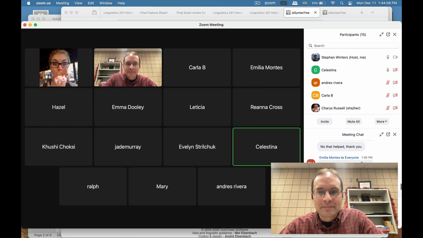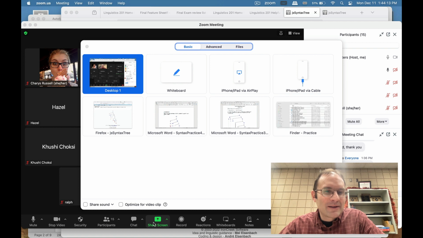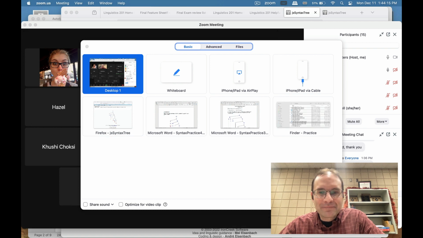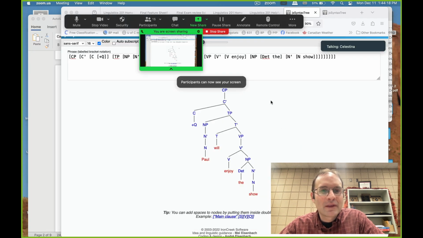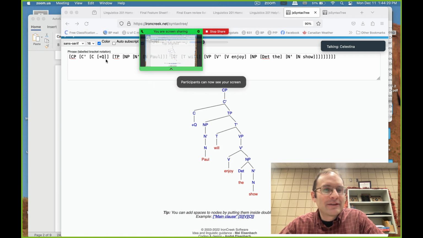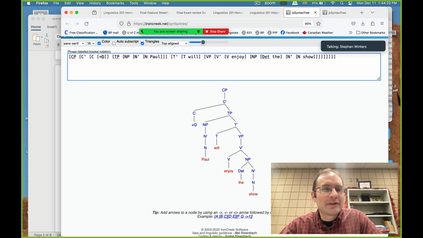I find it interesting that there's a plus Q, but there's no minus Q, like the C bar has a plus or minus, and the phonological features have plus or minus, but the Q... Yeah, plus. I mean, that's a good point. I kind of didn't say that to keep it simple, but I guess you could say a regular statement like Paul will enjoy the show that doesn't turn into a question would have minus Q. This is supposed to be there for sentences regardless, but it just doesn't make a difference in English.